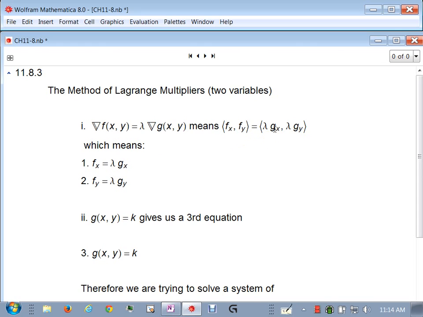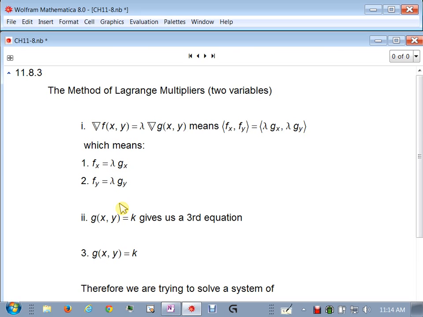The first component must equal the first component here, so that gives me this equation. The second component here has to match the second component here, so that gives me a second equation. What are we trying to solve for again? We're trying to figure out the x, the y, and the lambda that make that thing true. Right now I have two equations and three variables.